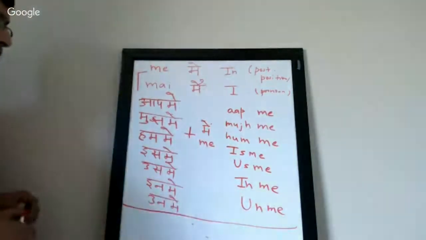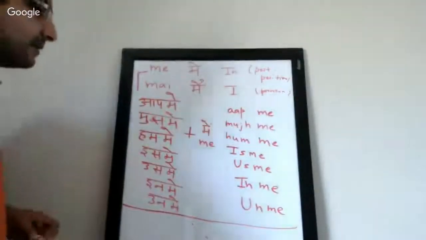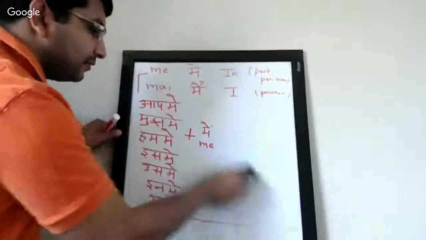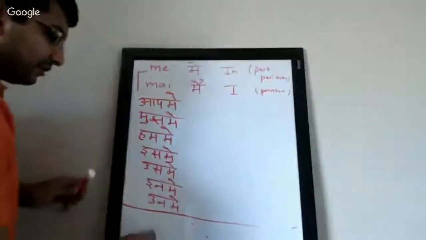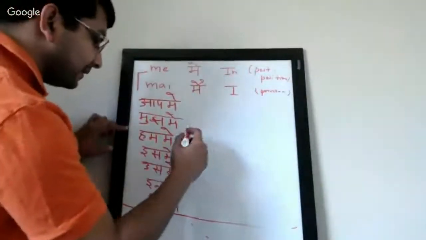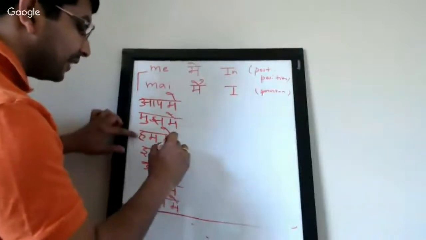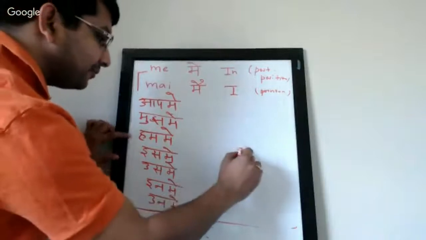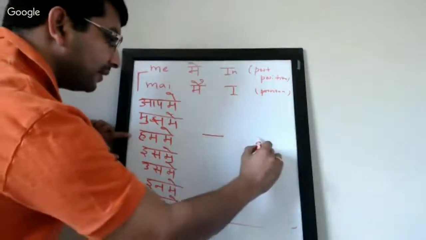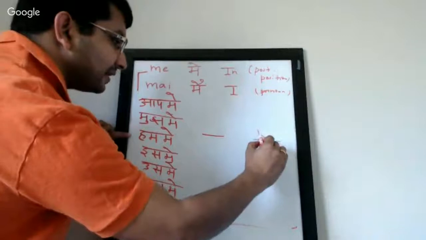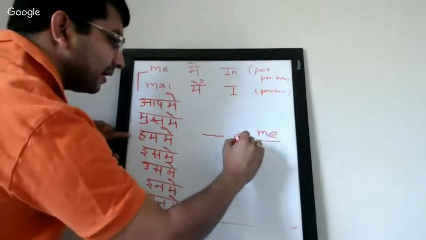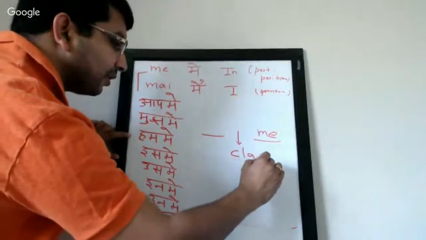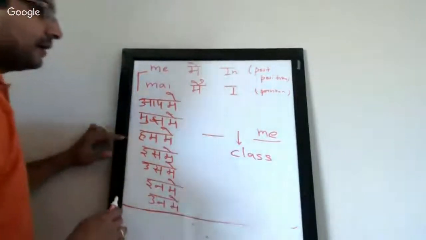It is quite possible that they are written separately, such that once you have the oblique case, you can say हम में talent है, right? But if there is an object between hum and the oblique case, and let's say in between there's an object called class, right?